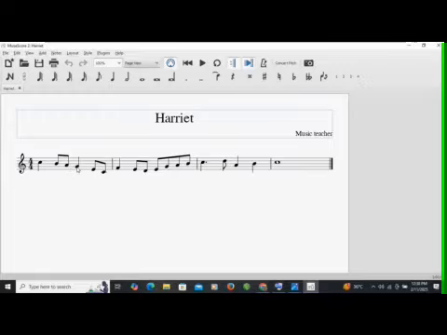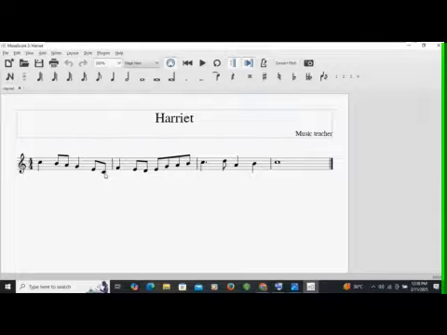Then the next note is on the second line, and this second line is G, because the first line is E and the second line is G. So G stands for solfa, So. So the next one is on the first line, and this first line is known as E, and E stands for Mi.